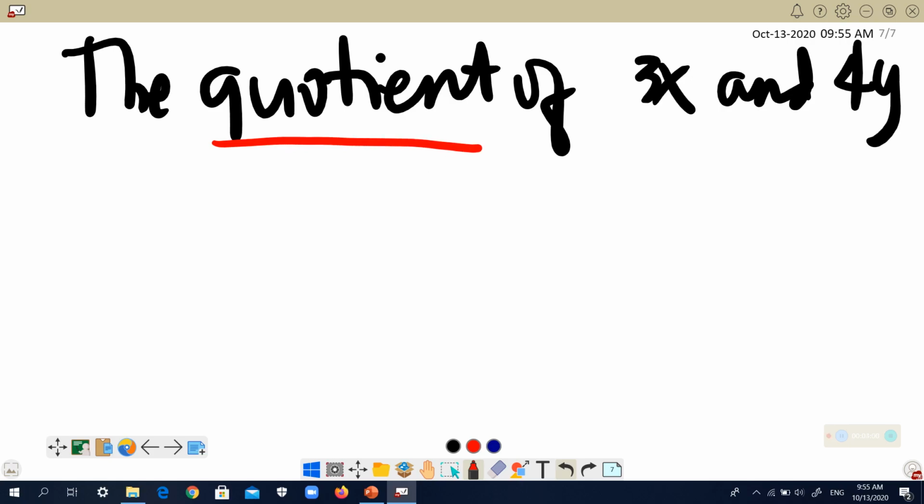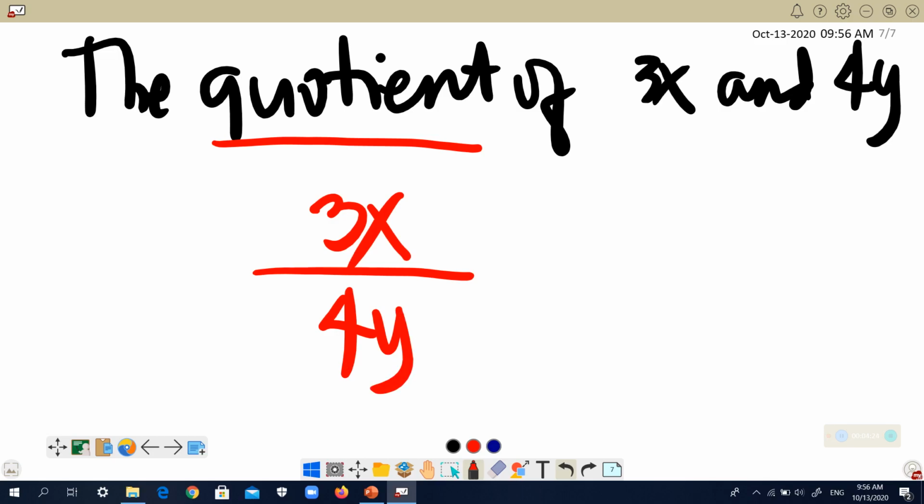The quotient means division, so you are going to use the fraction bar. Just like the examples earlier, rational algebraic expressions are always written as fractions. So the quotient of 3x and 4y, when we translate, the symbol is 3x over 4y.